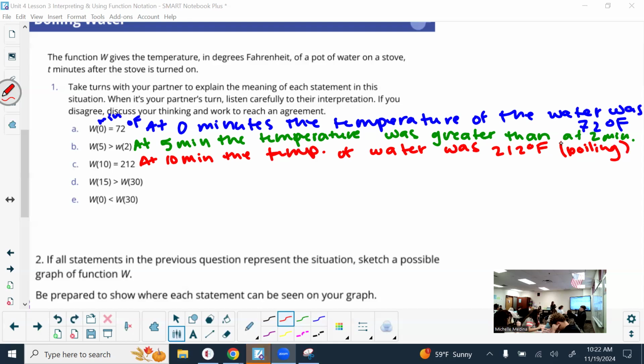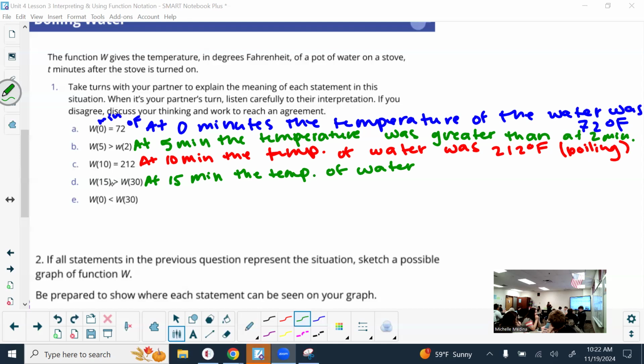Table 9. What about when it says W of 15 is greater than W of 30? Okay. So maybe if this was an equal sign and this also wasn't in function notation, I would agree with you. It definitely says something about at 15 minutes, the temperature of the water.